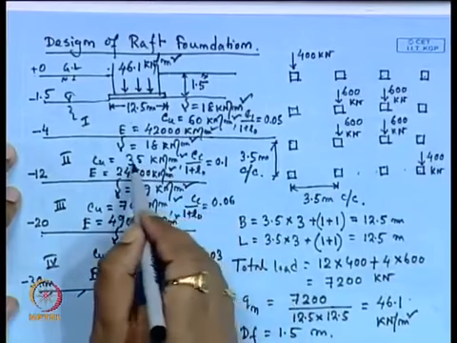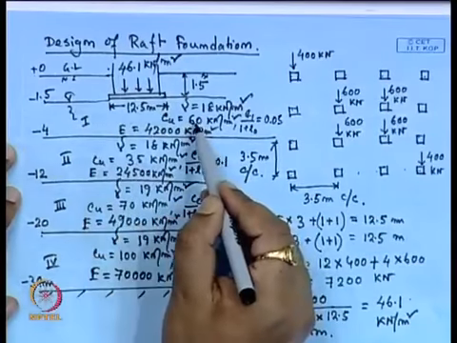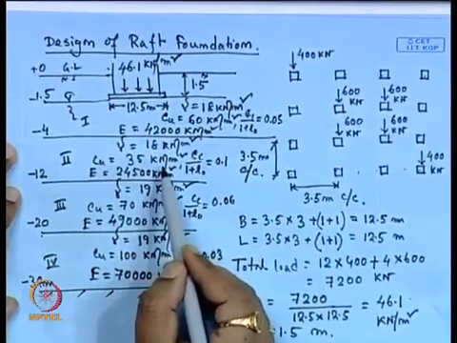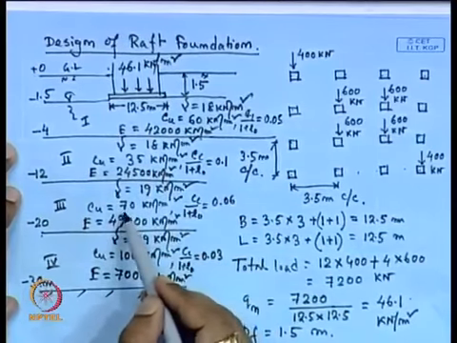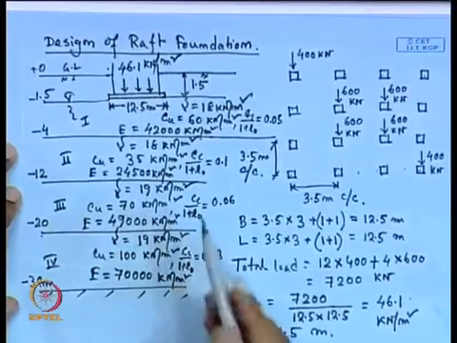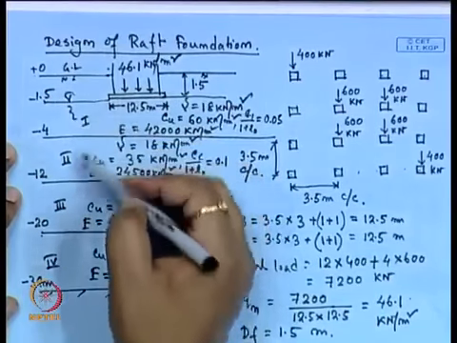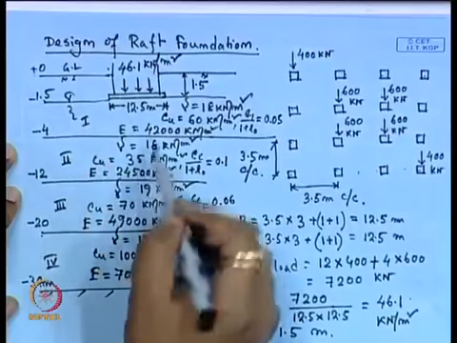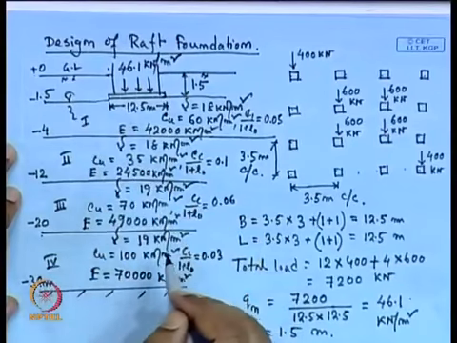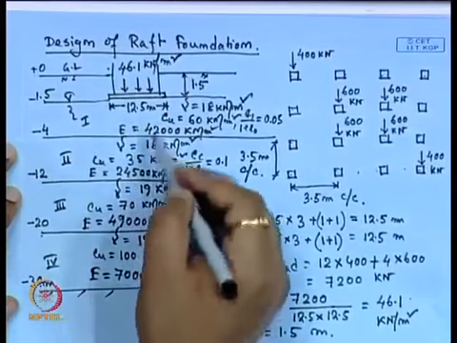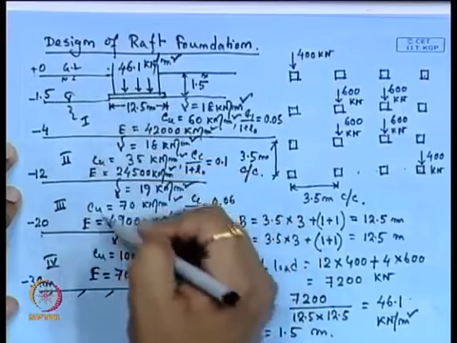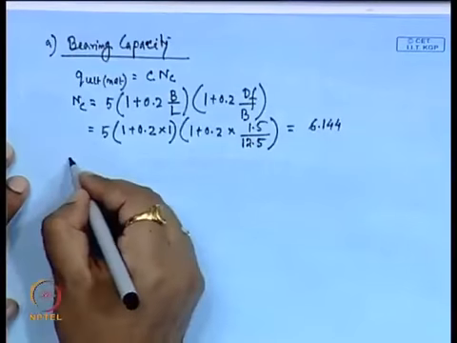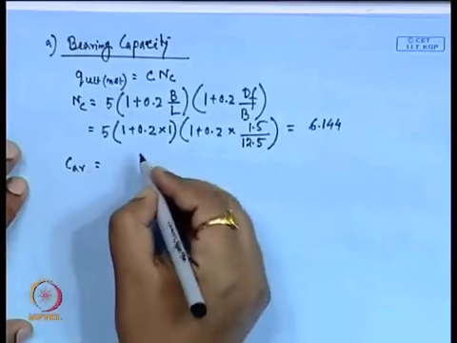Here the minimum one is 35: the first layer is 60 kilonewton per meter square CU, second layer is 35 kilonewton per meter square, third layer is 70 kilonewton per meter square, and fourth layer is 100, and this influence zone is definitely up to the third layer. So, from these three layers the minimum was 35 kilonewton per meter square, or we can take the weighted average.